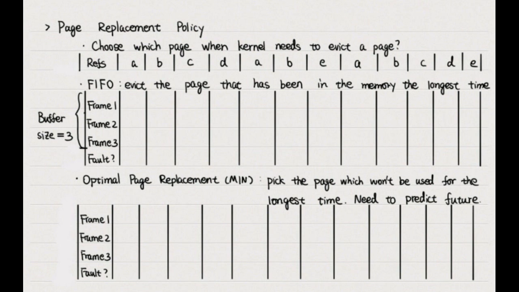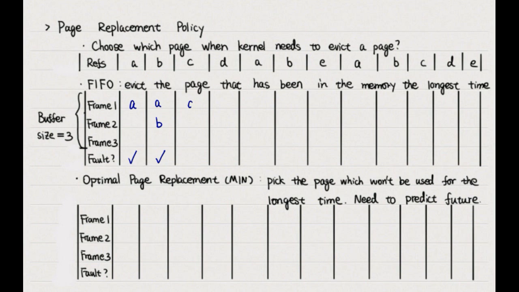The simplest page replacement policy is the FIFO policy. Replace the page that has been in memory the longest. We see page A, place it on frame 1. Page fault? Yes. We see B, place it here, and page fault.